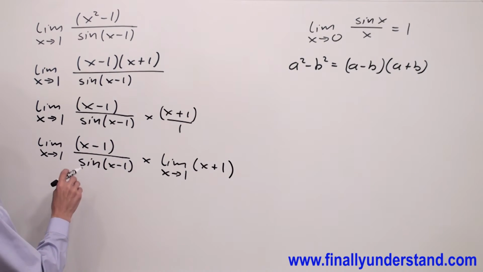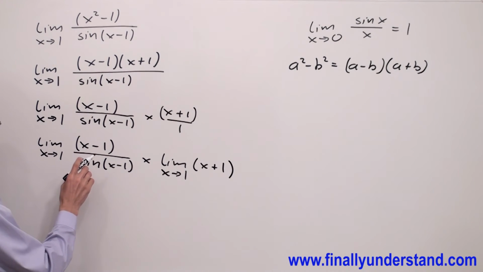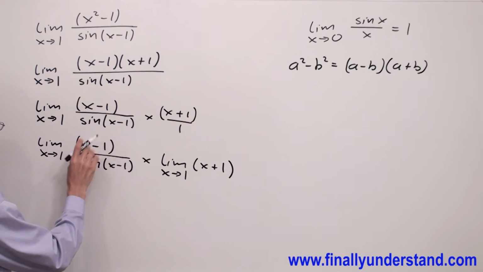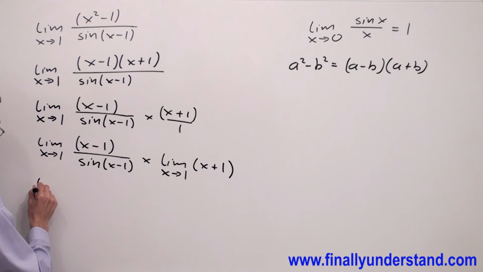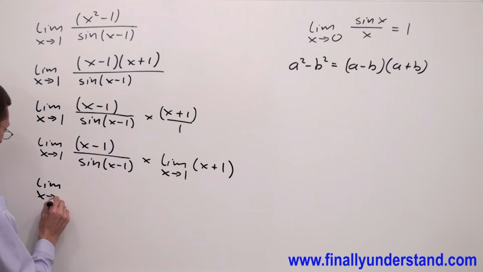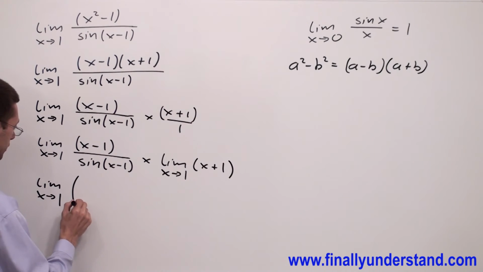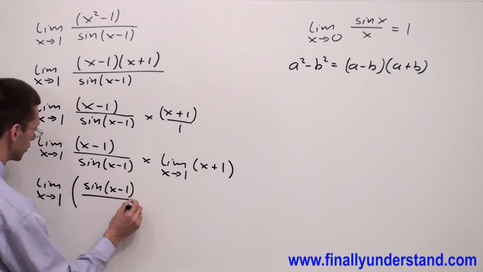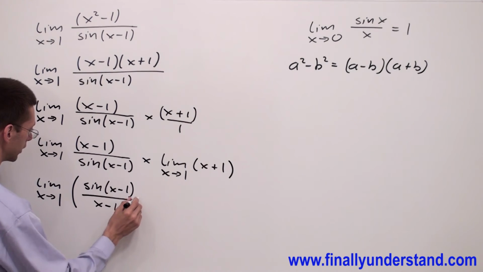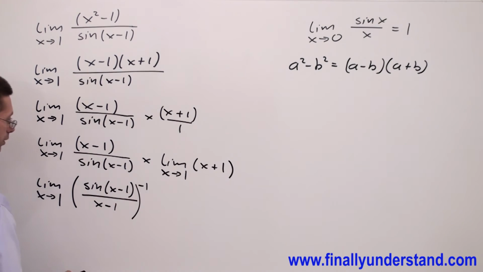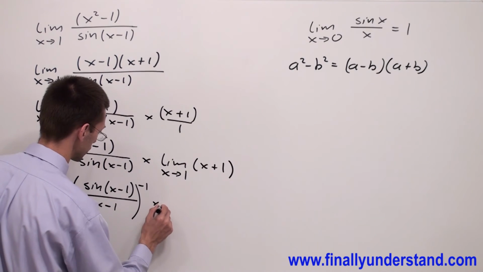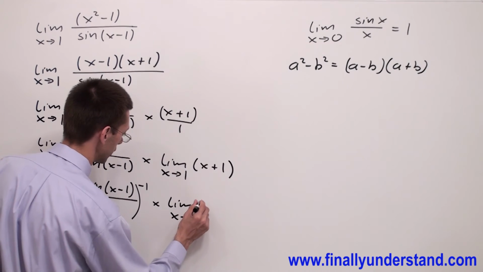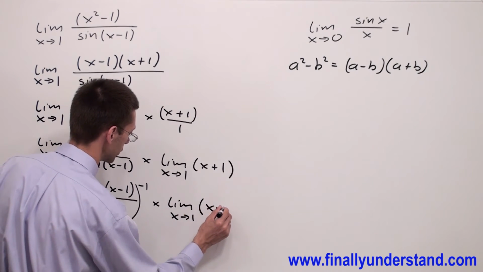Now, what I'm going to do over here is apply the property of exponents and find the reciprocal of this fraction. I'm going to have the limit with x approaching 1 of sine x minus 1 over x minus 1 to the power negative 1. And I'm going to copy everything I didn't use, times the limit with x approaching 1 of x plus 1.